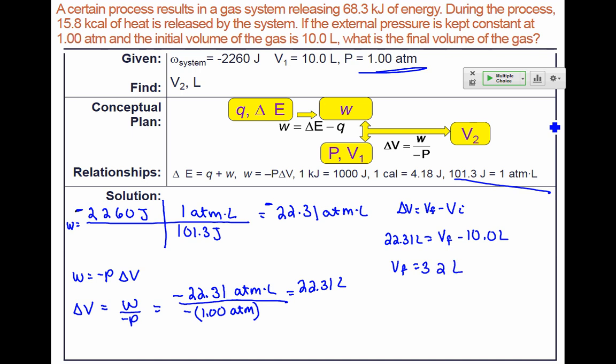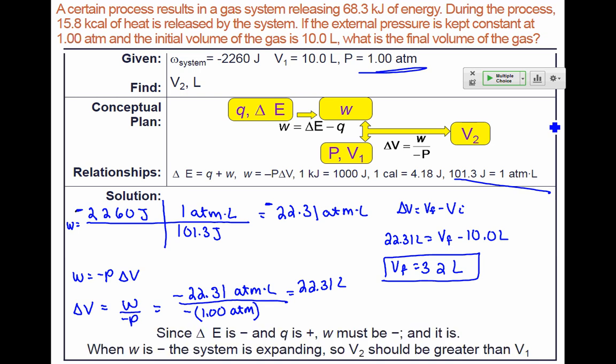And of course that's rounded to represent that we should only have two significant figures. And this makes sense because delta E is negative, so W must be negative, so our volume should be greater.